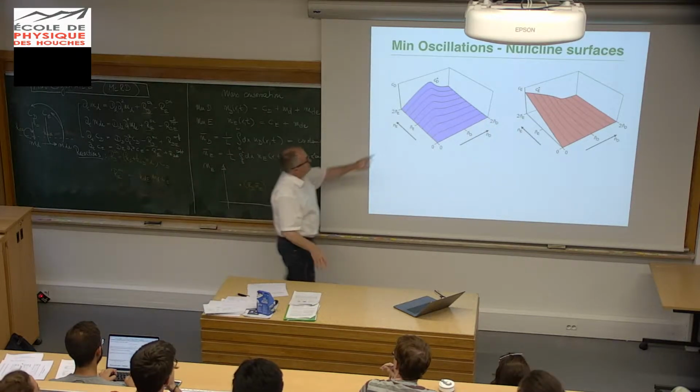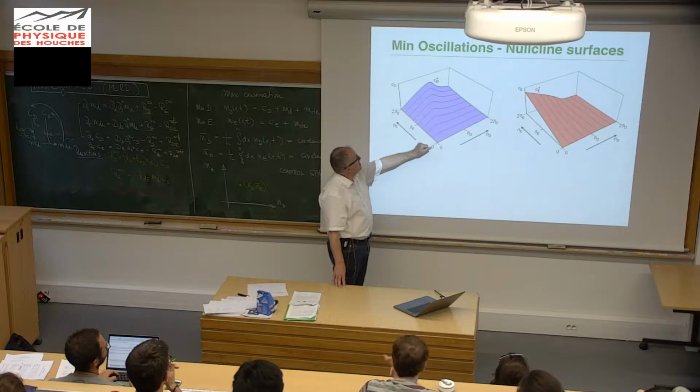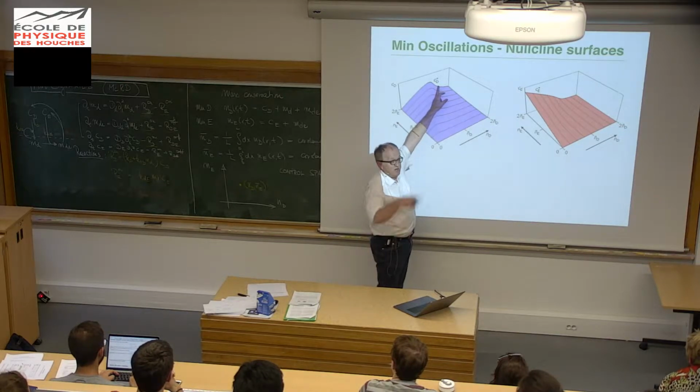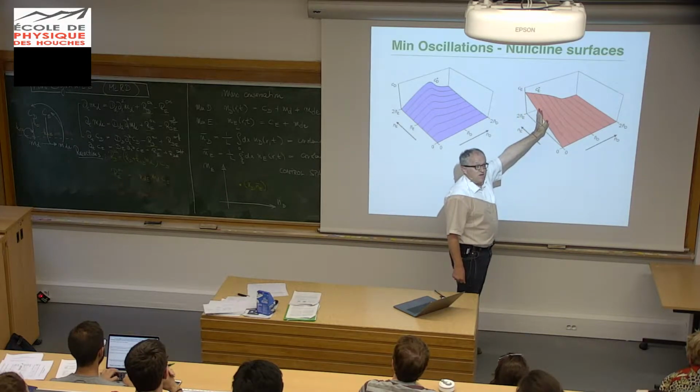Here you have the control space variables, NE and ND, and I'm plotting the value of the equilibrium for the min D species in the cytosol. You're right in a sense that for each of the species, you have a separate surface.